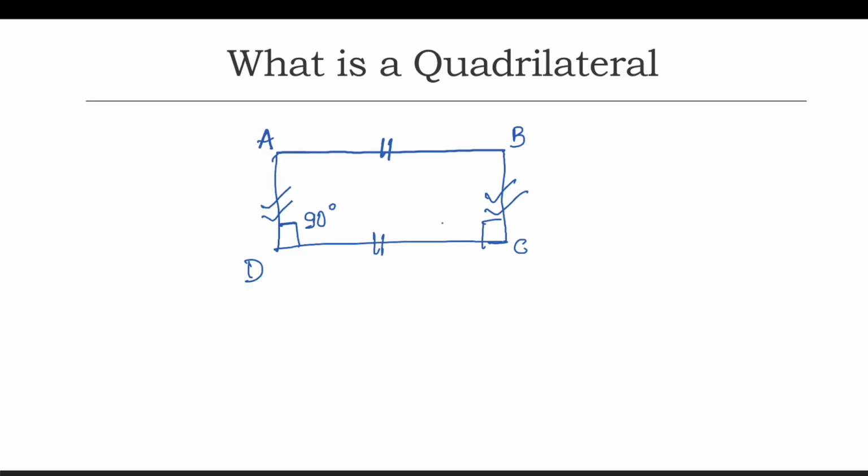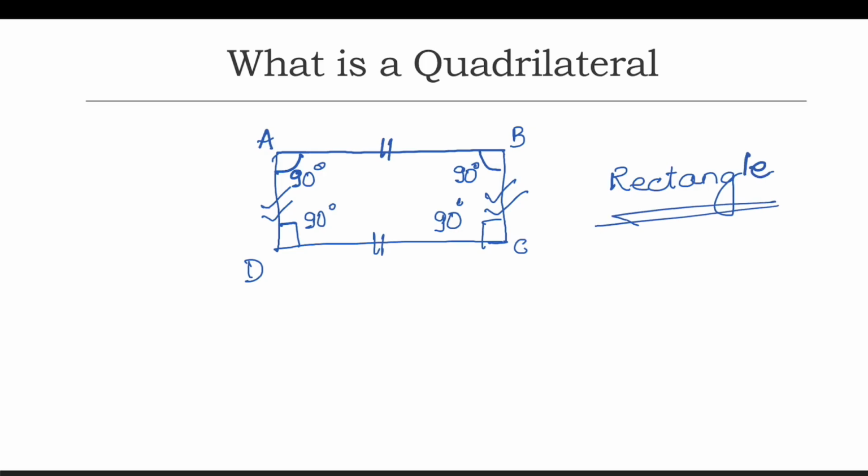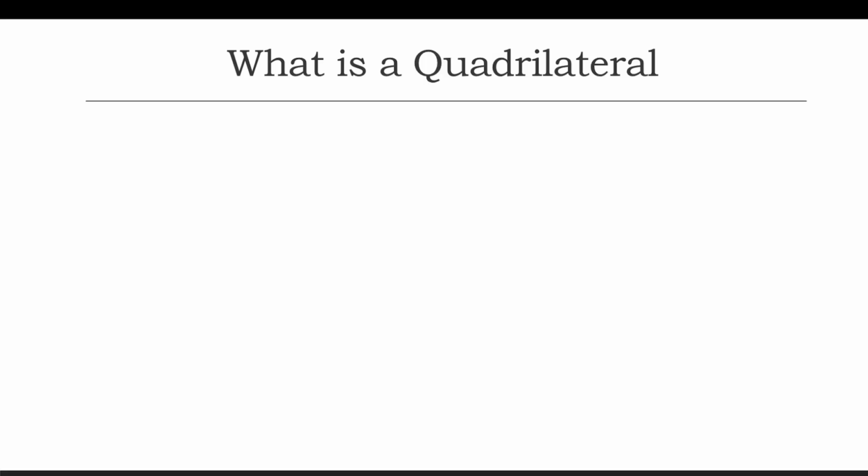So this angle is 90 degrees, this is 90 degrees, this angle is 90 degrees, and this is 90 degrees. So if along with a parallelogram the angles are at 90 degrees, this is called a rectangle. So rectangle is a special type of quadrilateral, rather a special type of parallelogram, where the angles are at 90 degrees.